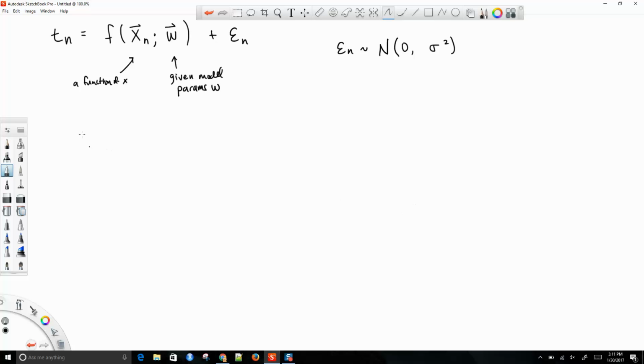This part can be written as w transpose x sub n plus e sub n. We can also write this as well.